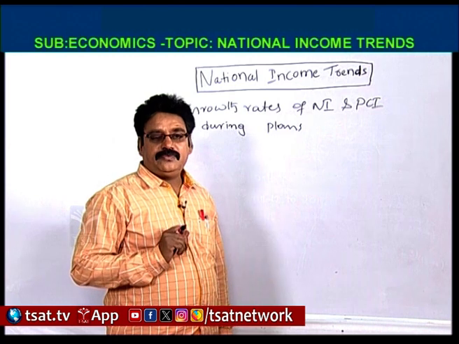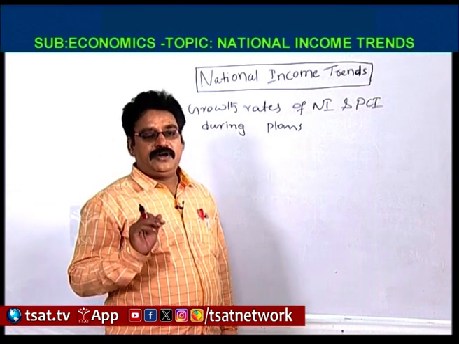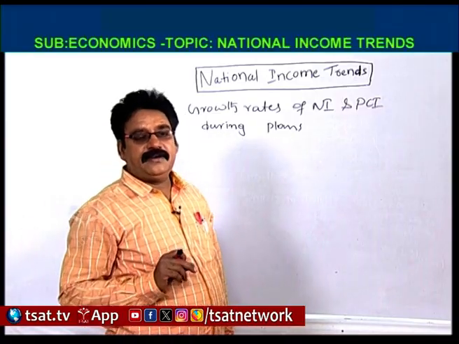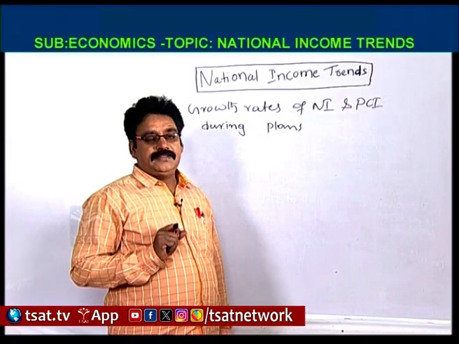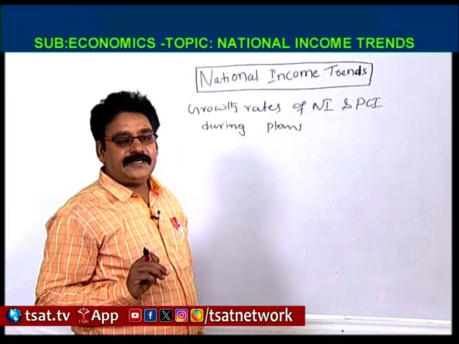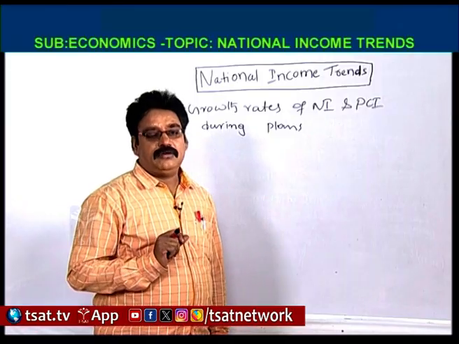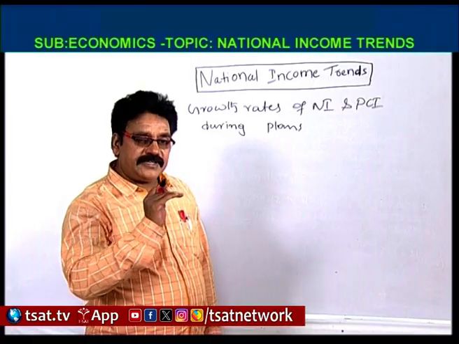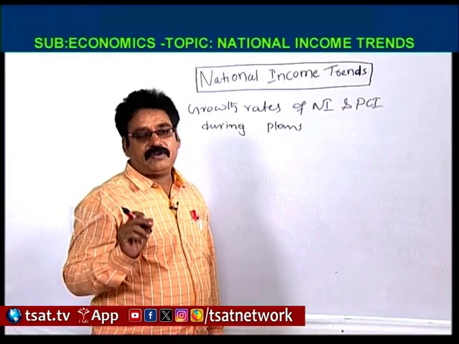First plan, national income growth rate is 4.4, second plan 3.8, third plan 3.8, fourth plan 3.1, fifth plan 4.9, and sixth plan 5.4.